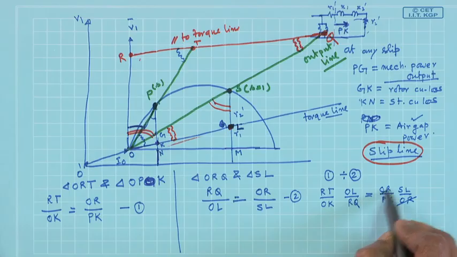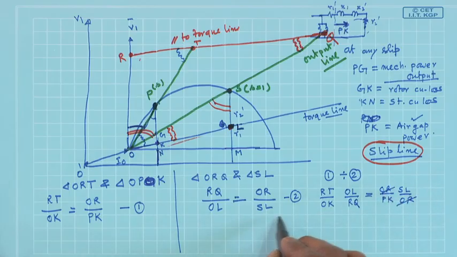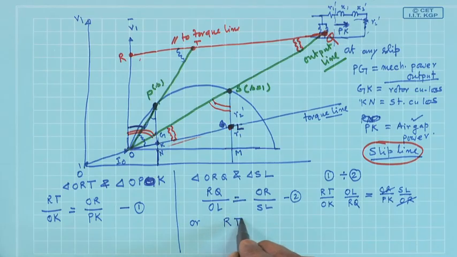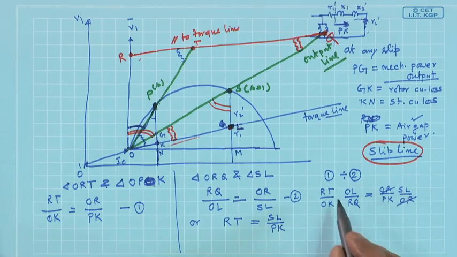So, OR cancels out and you will be left with RT equal to SL by PK, and all other terms from this side I will take to the right hand side. So, it will become equal to OK by OL and the whole thing into RQ.